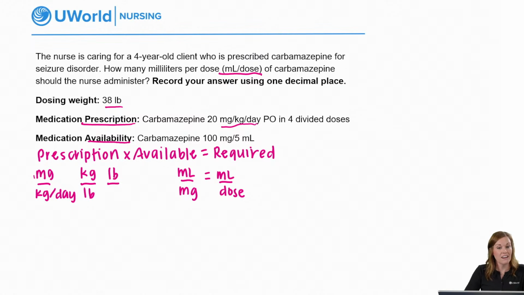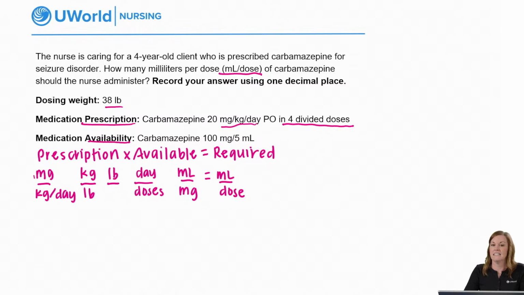But again, we're trying to get to dose, but we've been given day. So we know our prescription is in day, but it needs to be divided into 4 doses. So we convert our day to doses, and we'll add that number in.